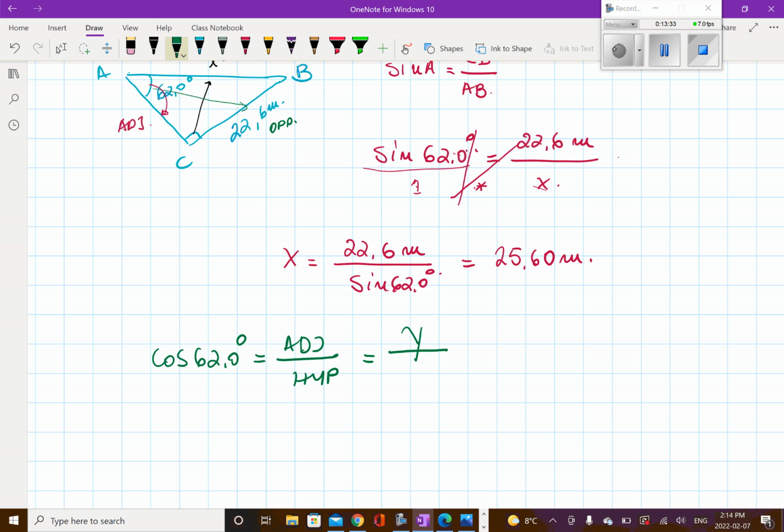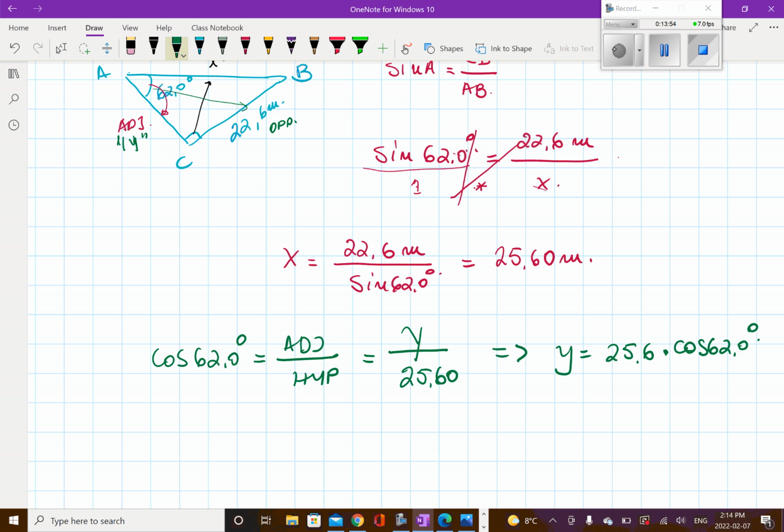So let's label this as y over the hypotenuse, that is 25.6. From here, y will be 25.6 times cosine 62 degrees.